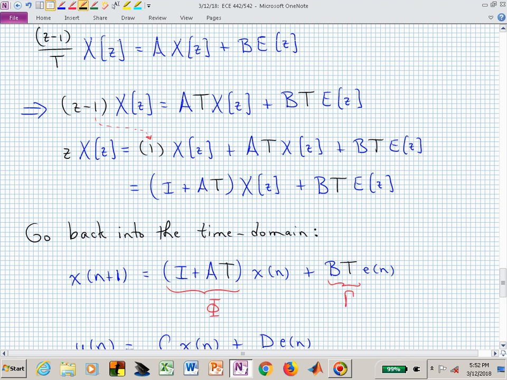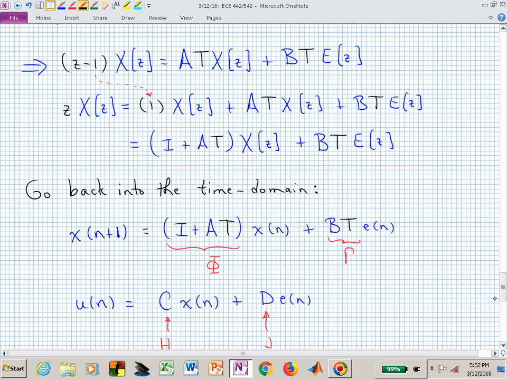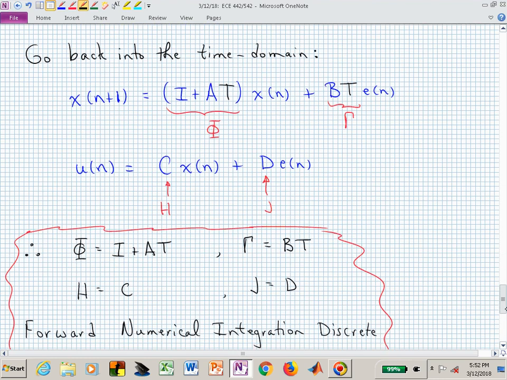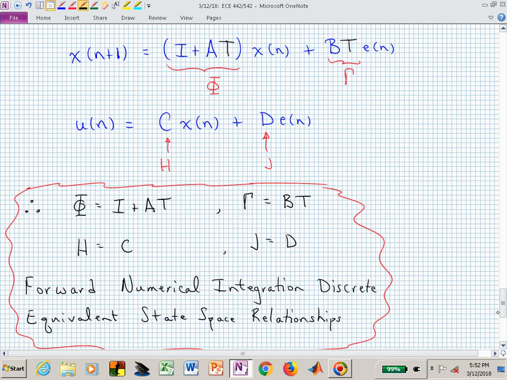That's just B times T. And the output equation we didn't have to change. H is actually C, J is actually D. So we've now derived those functional relationships for the forward numerical integration discrete equivalent state space strategy.